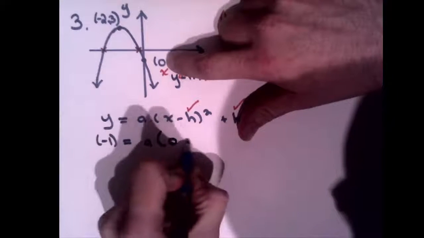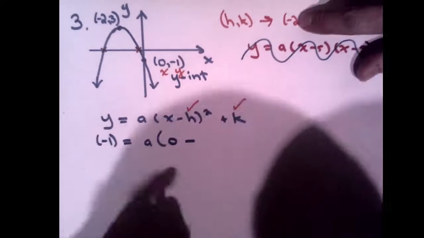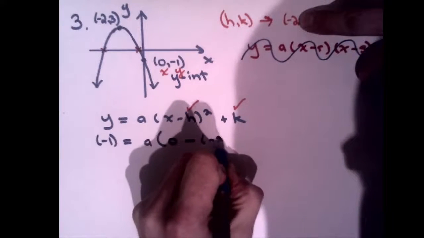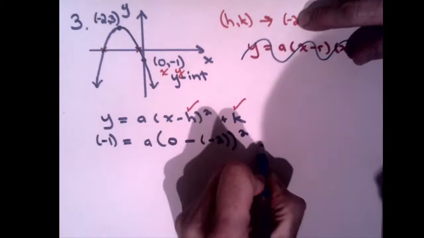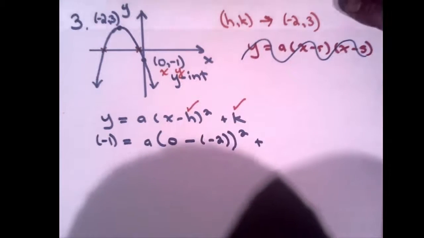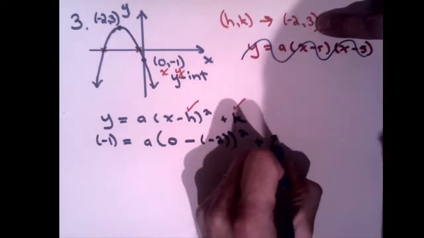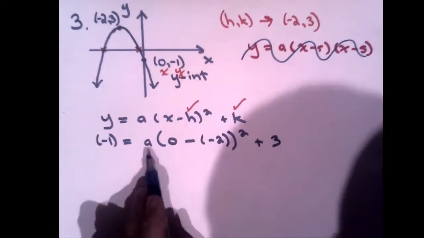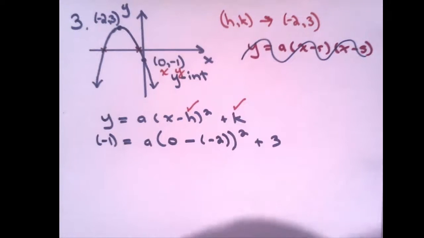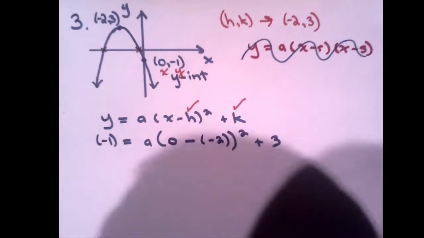Take away my h value, which is, okay, careful here, minus 2. And then I need to square that. And then I add k, and k is positive 3. Okay? Now you notice the only unknown is a, which is actually the stretch factor. It tells you how much the graph of a quadratic is stretched.